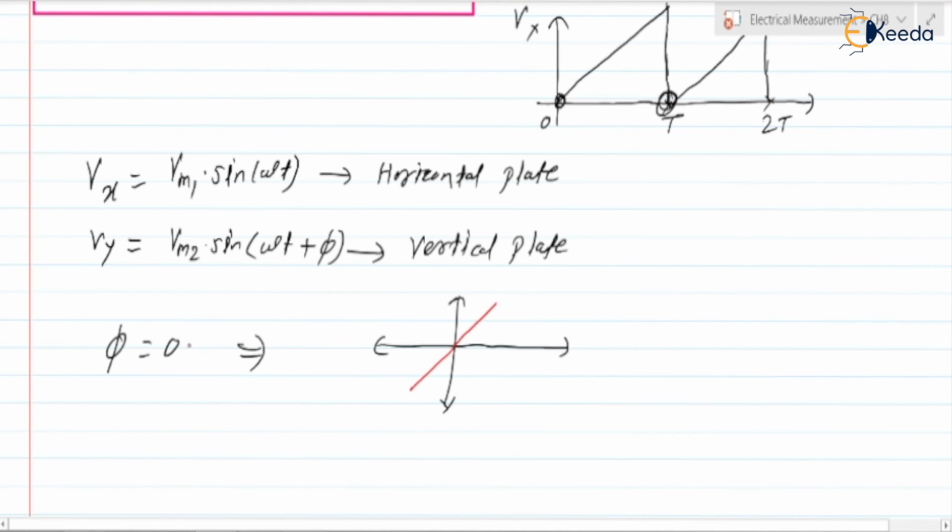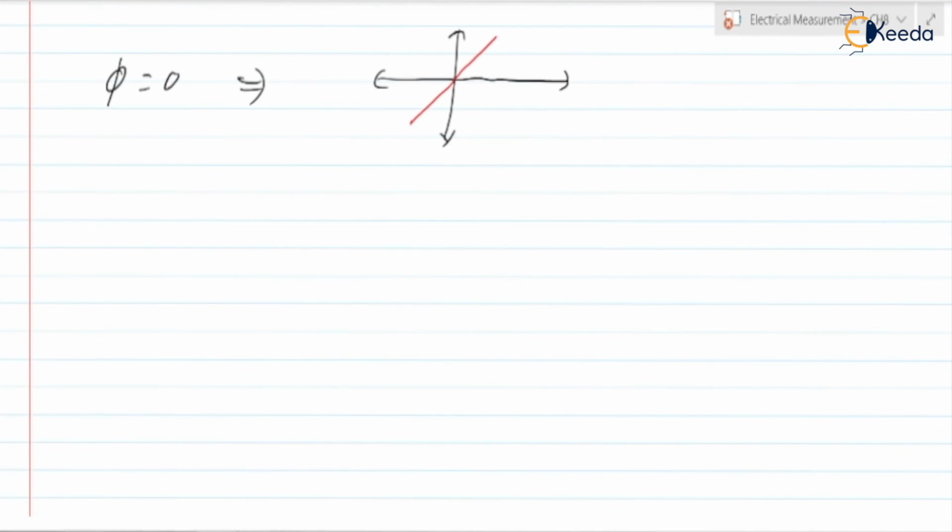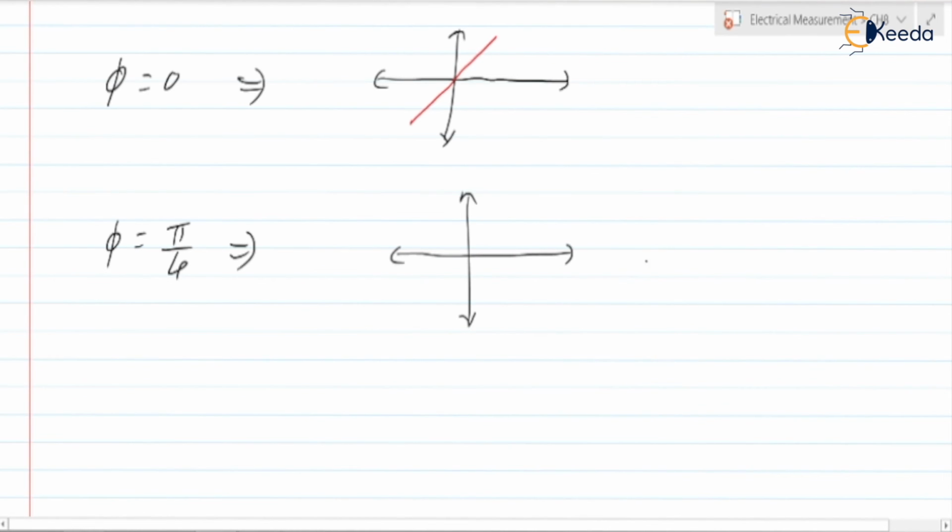line. If phi is equal to pi by 4, then we will get an ellipse type of object on the CRO screen. If phi is equal to pi by 2, then we will get a circle.